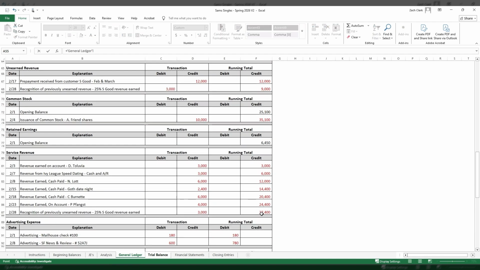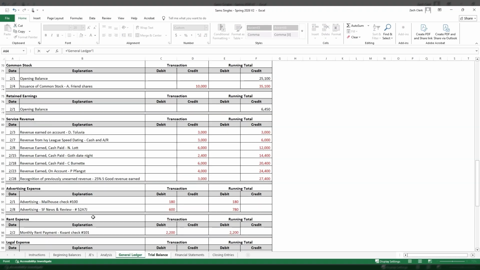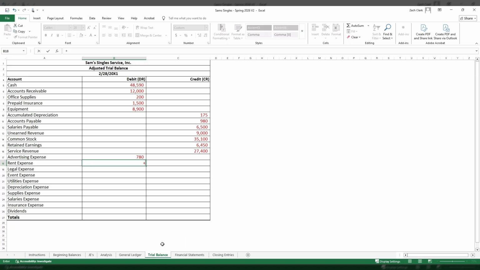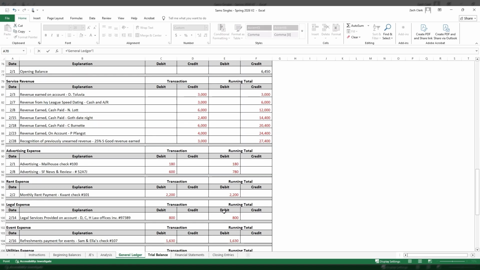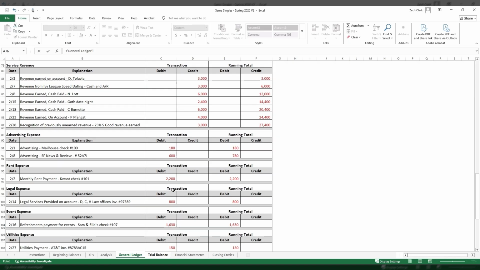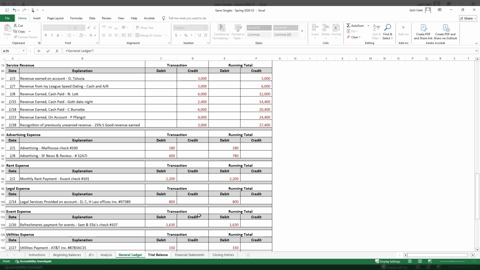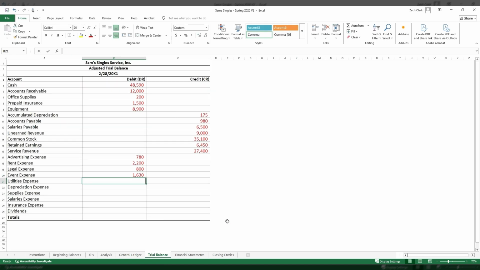Okay, service revenue. Yep, there's our 27,400. Advertising expense of 780. Rent expense 2,200. Legal expense of 800. 1,630.